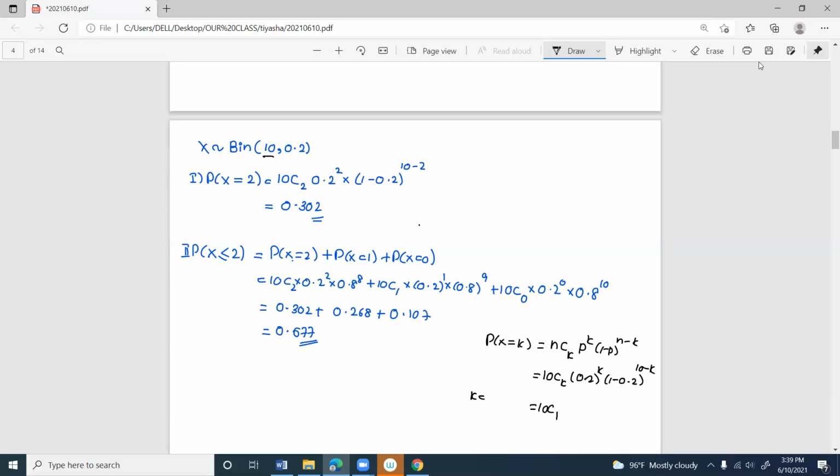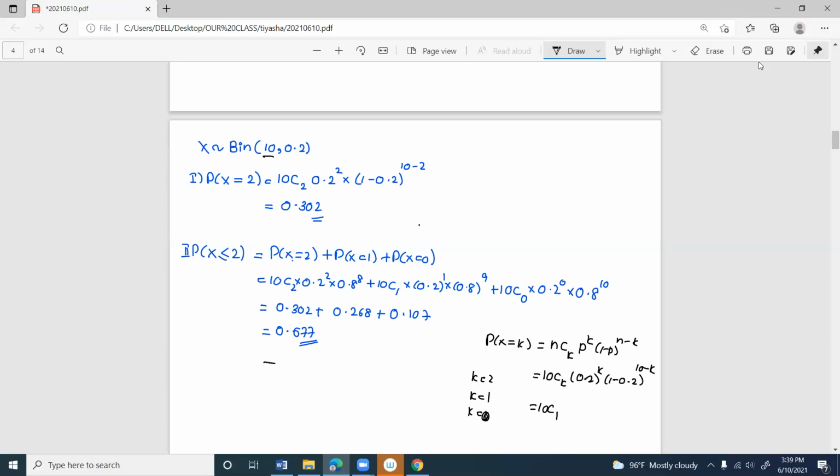You need to add this one for k equals 1, for k equals 2, and for k equals 0. For these figures, we need to do this simplification. Understood? For k equals 2 the value is here, k equals 1 the value is here, and k equals 0 the value is here, and add them together.